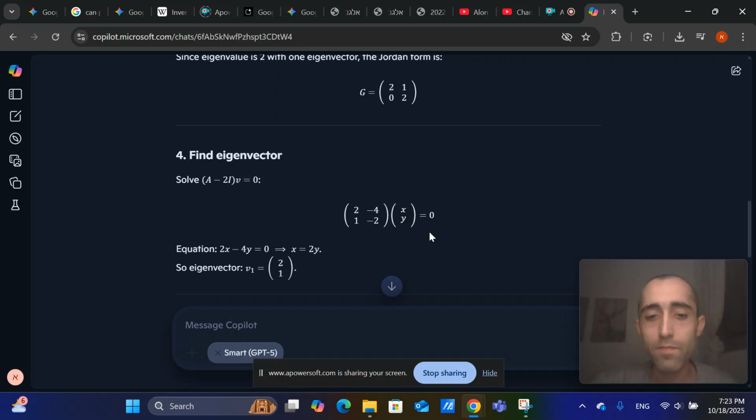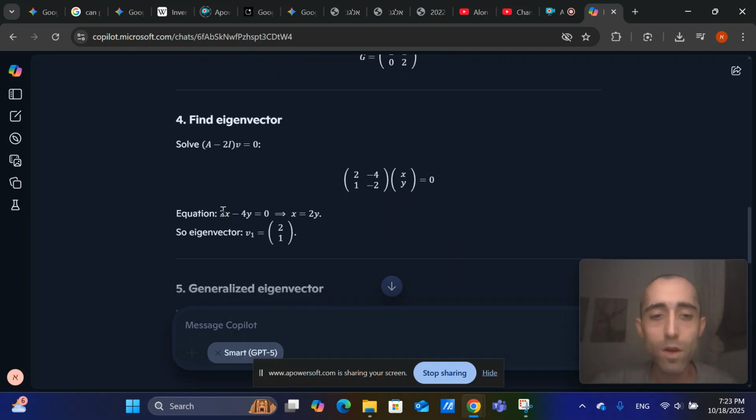This is it, and solving it will give me a vector whose x component should be twice its y component. So for example, I can take this simple vector (2, 1). This will be an eigenvector for the eigenvalue 2.